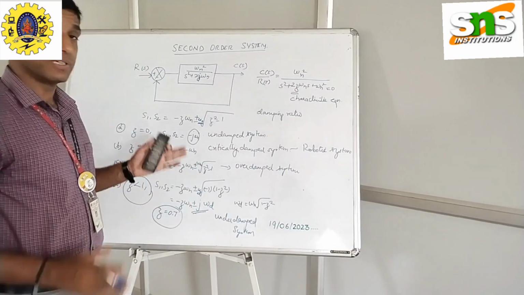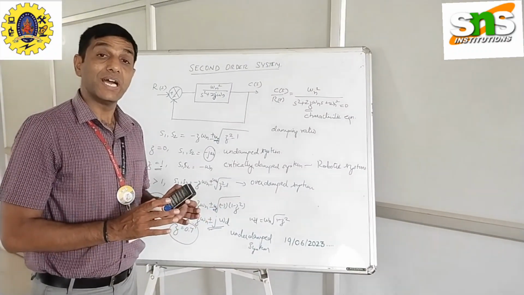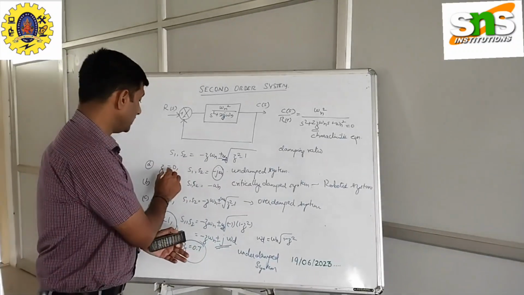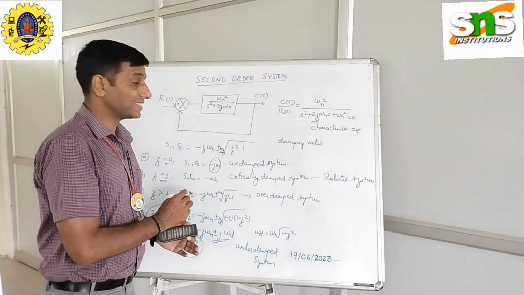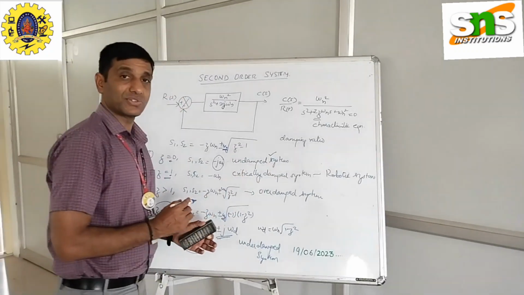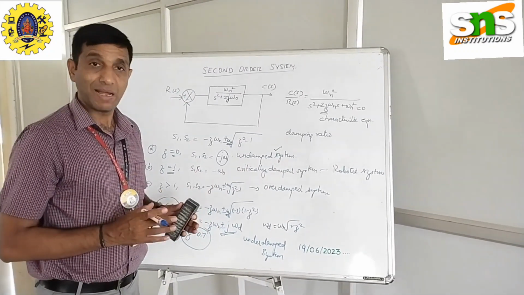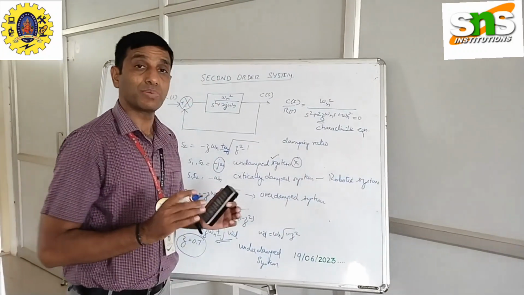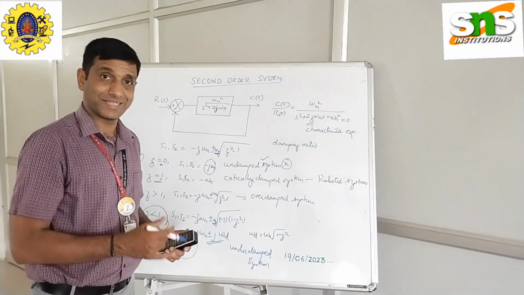Therefore, our second order control systems are classified based on the damping ratio. When zeta is equal to 0, you call that system the undamped system, which doesn't have any dampness, and this system is not used in any practical case. We will look into that in the next series.